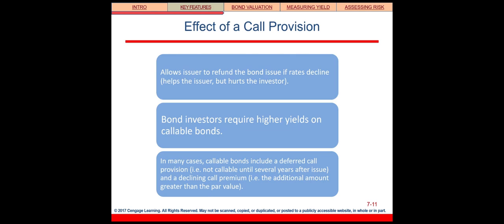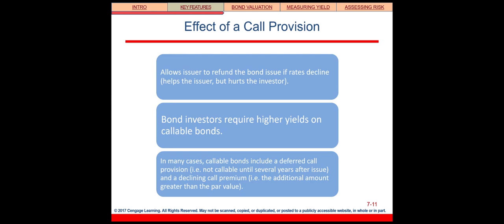And they usually do it when rates decline.